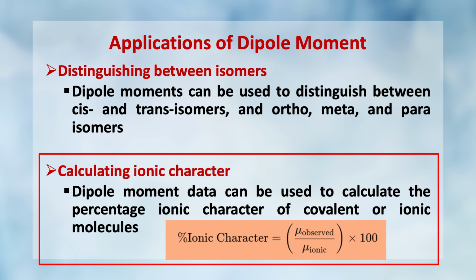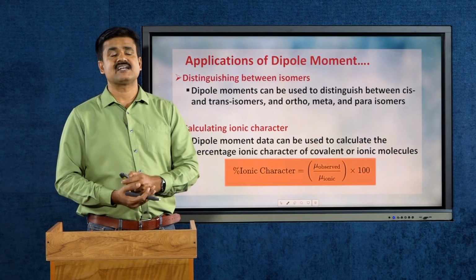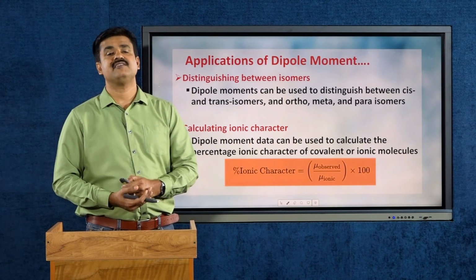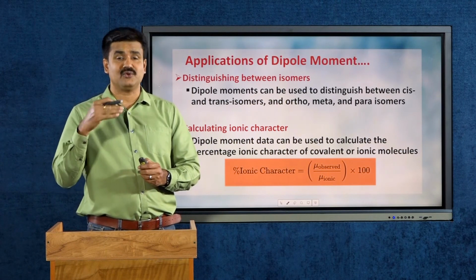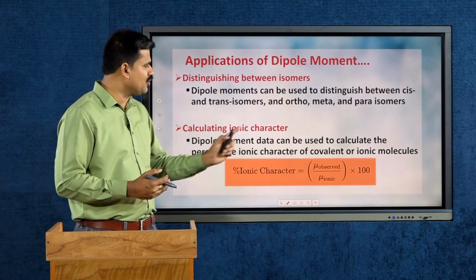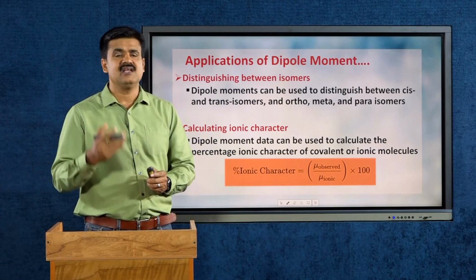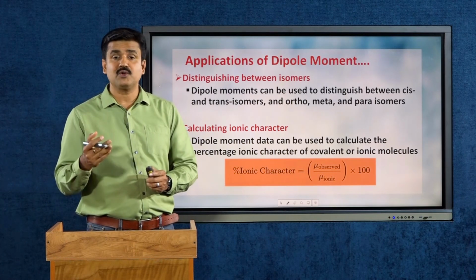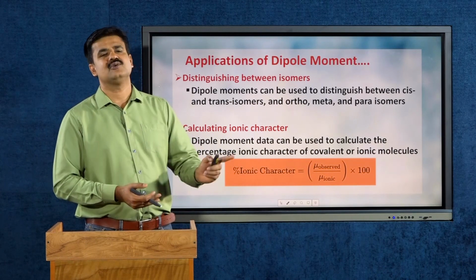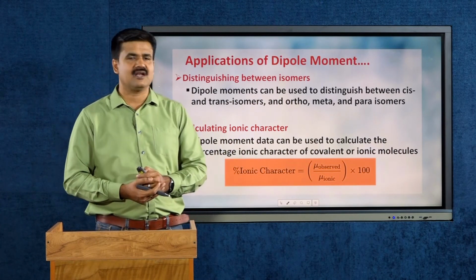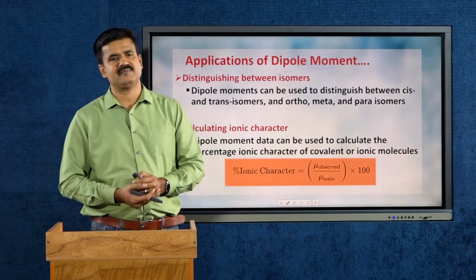Here the equation is percentage of ionic character is equal to mu observed divided by mu ionic, or mu theoretical, both are same, multiplied with 100. Here mu observed is the experimental or observed value of the dipole moment, and mu ionic, which is same as mu theoretical, is the dipole moment for a molecule if the given molecule assumes 100% ionic character. So, percentage of ionic character can be calculated from dipole moment measurements.